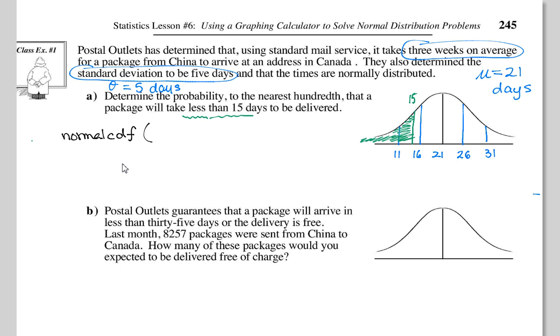What's the lower bound? It's like negative infinity, right? How do you write negative infinity on your calculator? You got to just write a really large number. And then what's the upper bound? 15. What's the mu? 21. And then what's sigma? 5. And then that just pumps it out for you.